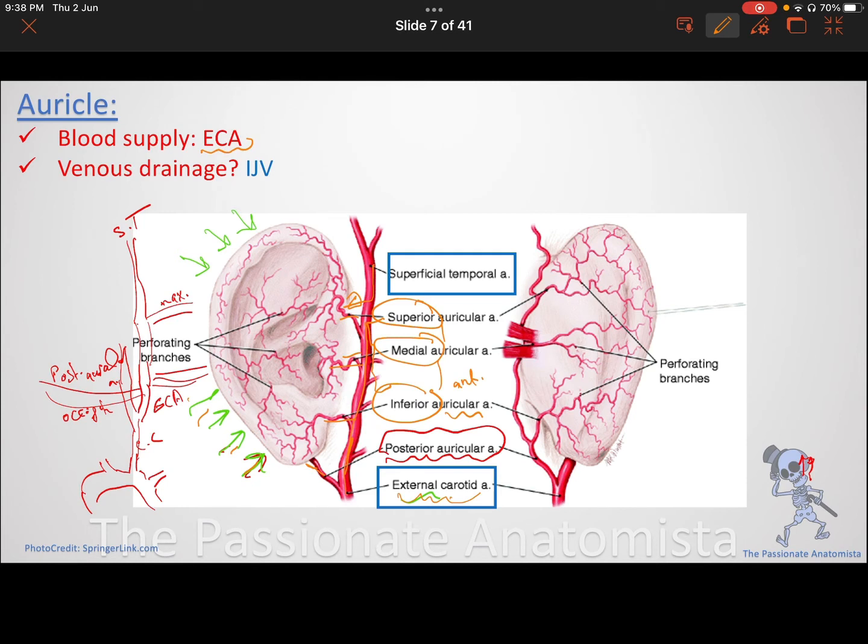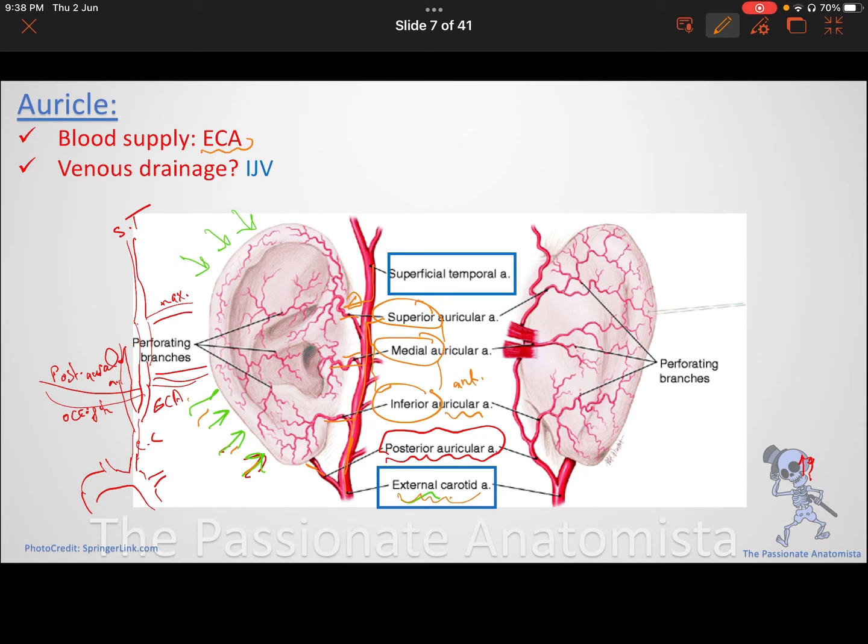However, I want you guys to know that for the venous drainage, we have the same names, but we don't have something called a carotid vein. This is something that we don't have. For anything that you have as venous drainage, think about the internal jugular vein.